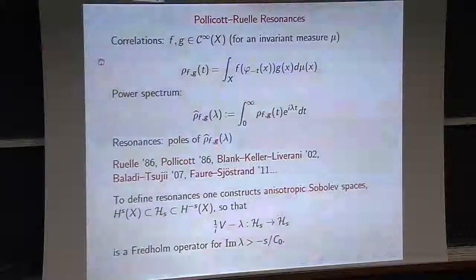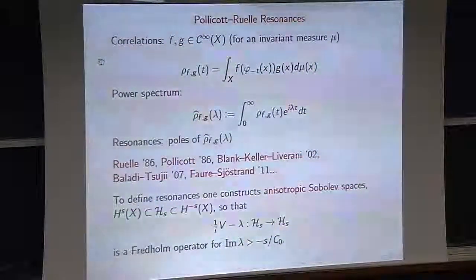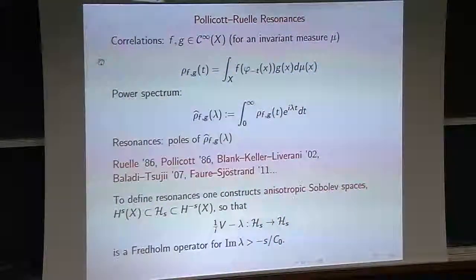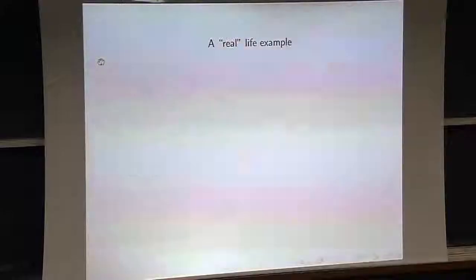They are contained in some rough spaces and contain nice spaces. But of course, there's a subtle definition depending on the properties of the flow. The point I want to make is that this operator now becomes Fredholm, and studying these things, rather than going through correlations, which would be very hard, is done by studying spectral properties of this operator on funny spaces.